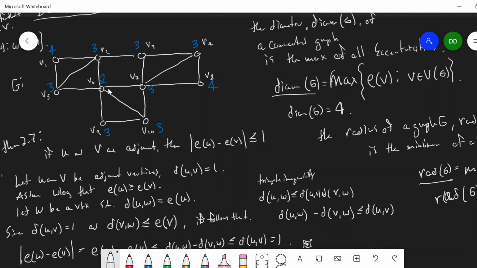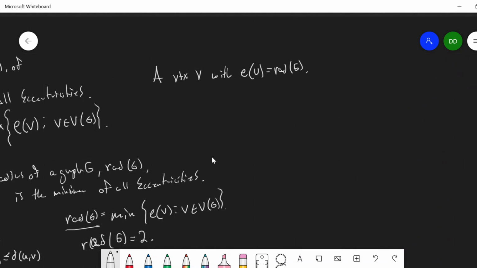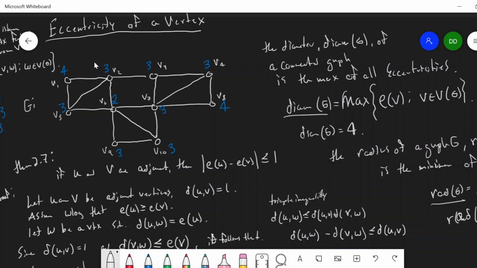It just takes 2 steps to get from V6 to any other vertex in the graph. So we call this a central vertex of the graph. In our example here, V6 is a central vertex.